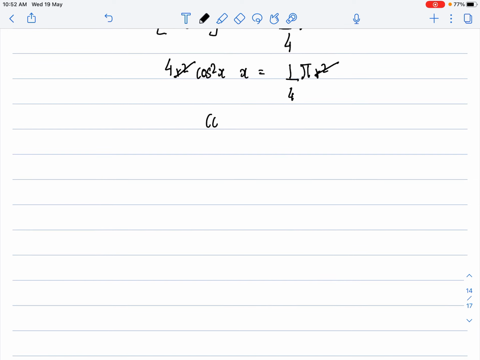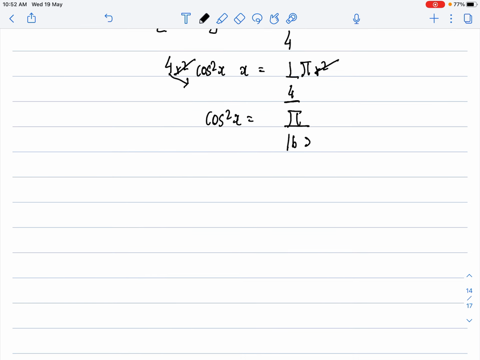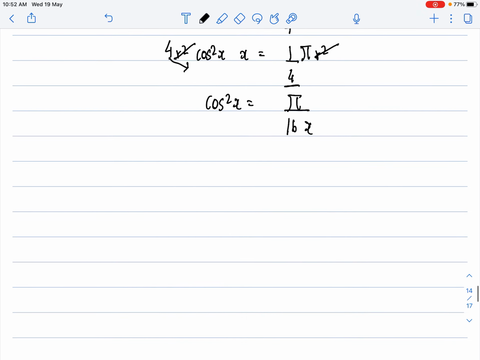So I have cos square x equals, I can write this as pi over, when I take 4 that side, I get 4 in the denominator to get 16, 4 into 4 is 16, and I can simply get x here in the denominator, correct?